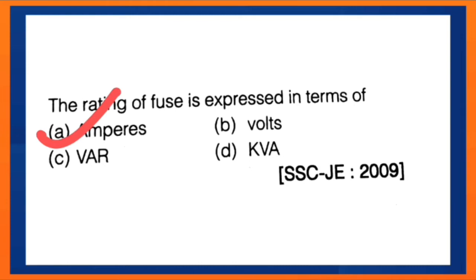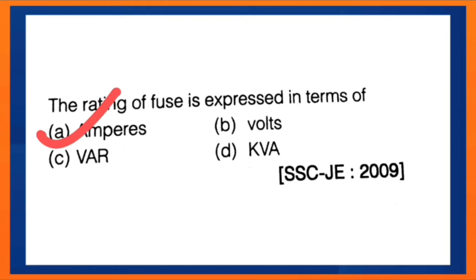Fuse melts when excessive current flows through it, and current rating is the current which the fuse element can normally carry without overheating. So the rating of fuse is expressed in terms of ampere.